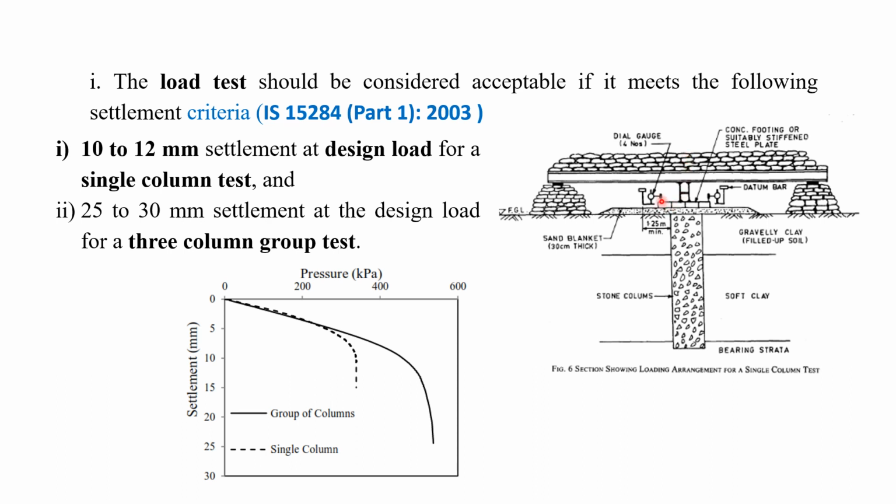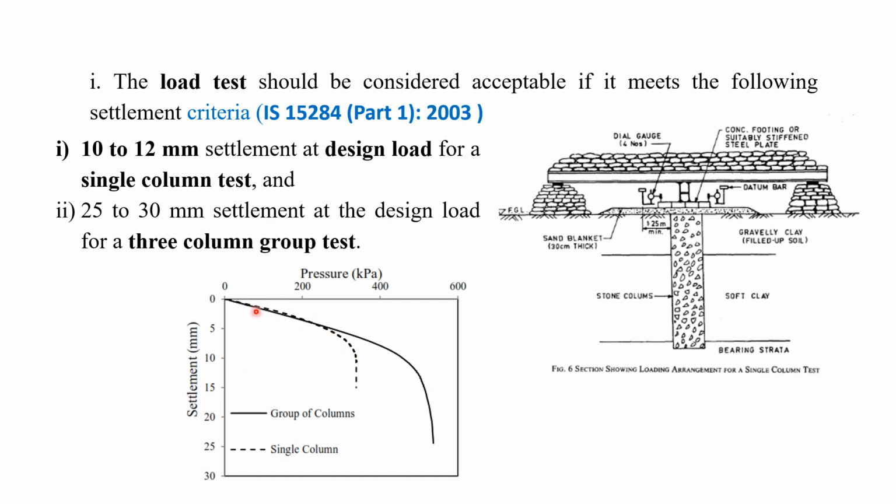So how can we find out the pressure? You can see here the pressure in kPa is given. So load divided by the concrete footing area or steel plate area. So load by area we can get the pressures, and on the x-axis we can plot the pressure and on the y-axis settlement. So we shall get the graphs.